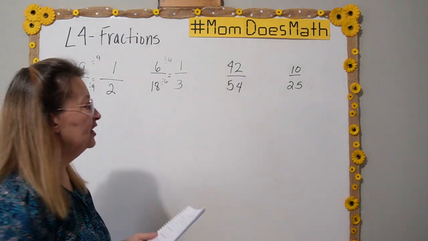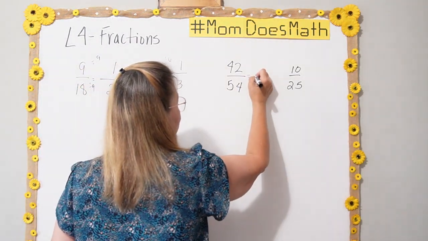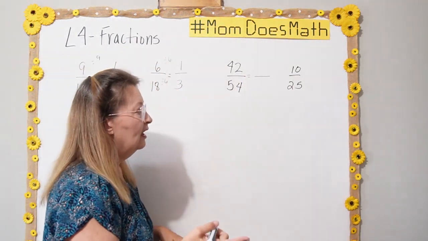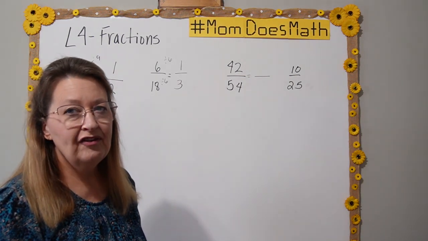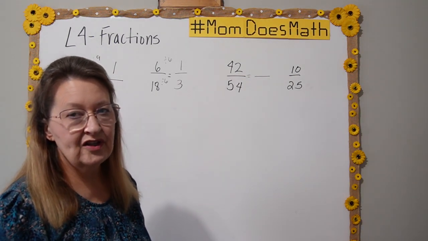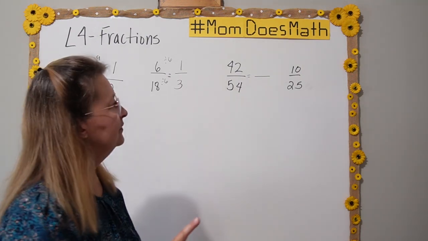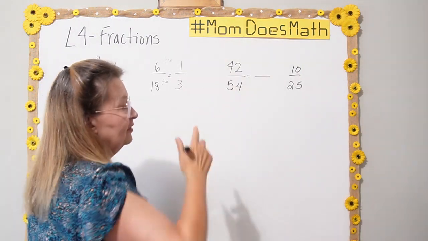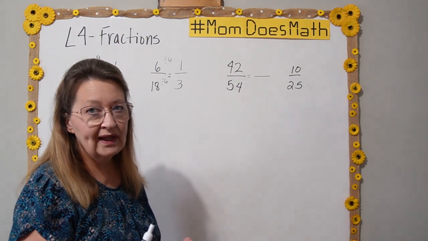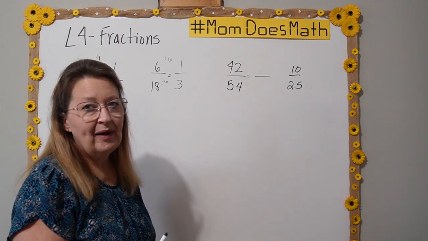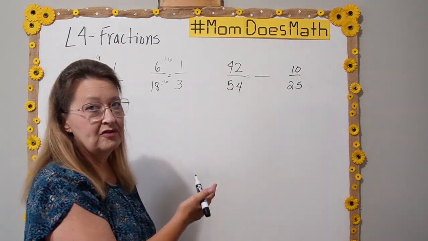Now, 42 over 54, and I know for some of you that's going to jump right out at you, but I just want to show you another technique that you can use on some other problems if you don't happen to see that greatest common factor right off the bat. I do notice that both of these are even, so I could start out, I call this the whittling method. I'm just going to divide it by 2. That's going to get this down a lot smaller.